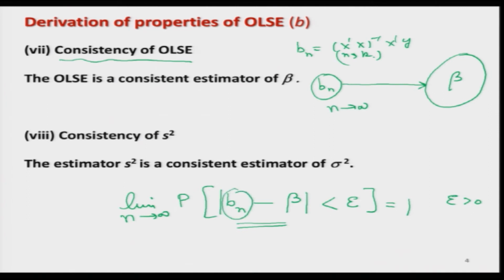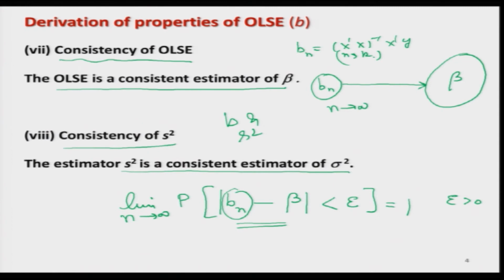In this case, I will not prove it, but I can inform you that both the ordinary least square estimator of beta as well as the ordinary least square estimator of sigma square, that is B and S square, both are consistent estimators. B is a consistent estimator of beta and S square is a consistent estimator of sigma square.